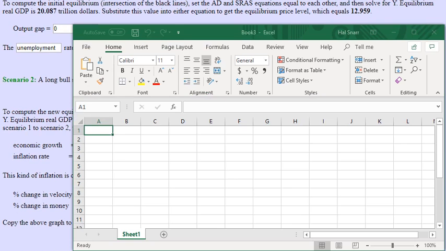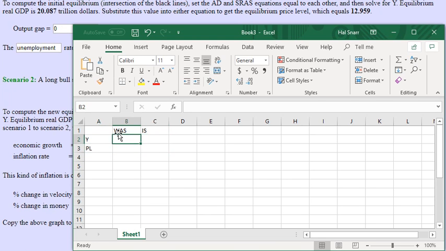So I'm going to pull open Excel, and I'm going to copy what GDP was, and what it is. I have real GDP and I have the price level.